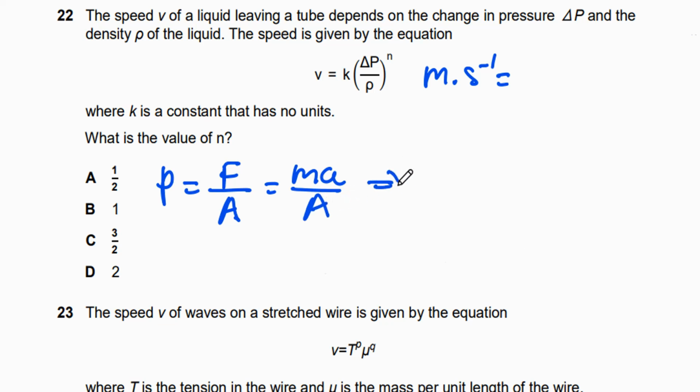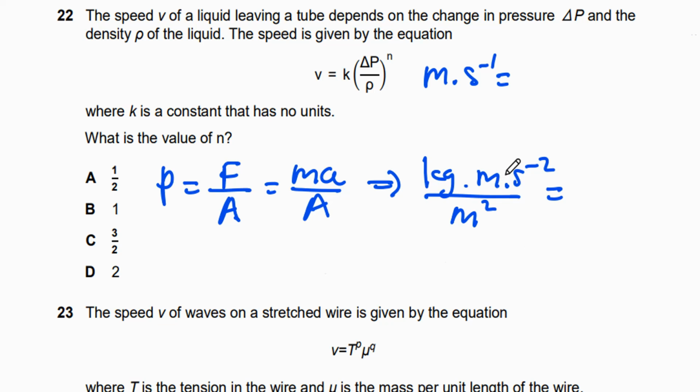And so pressure in terms of the SI base units: mass in kilograms, acceleration in meters per second squared, area in meters squared, so over m squared. We can simplify this.